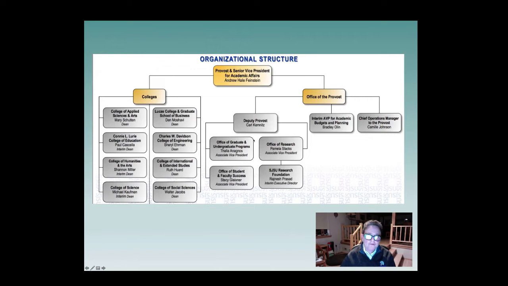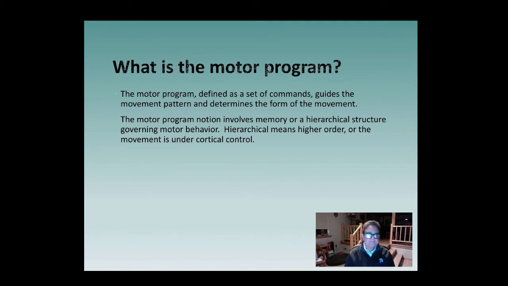Also, you could see within this model other levels of the Office of the Provost that includes where graduate and undergraduate programs are housed, where research is housed on campus, and so on and so forth. So that would be the organizational structure of San Jose State and the Office for Academic Affairs.